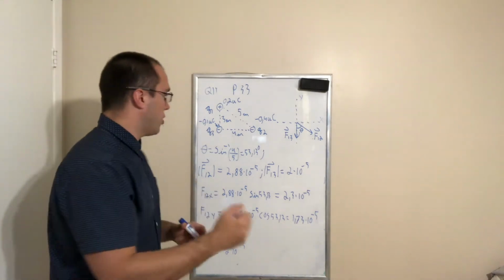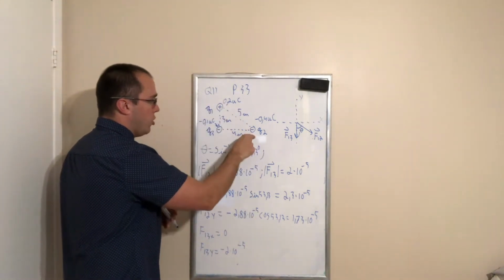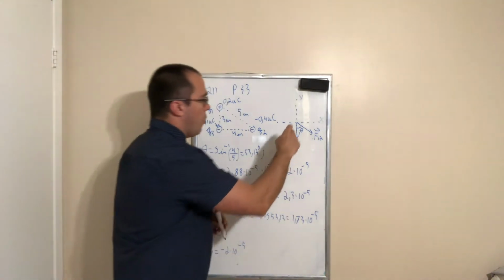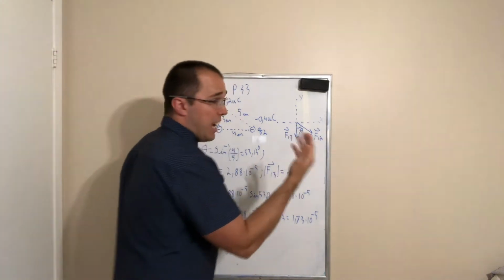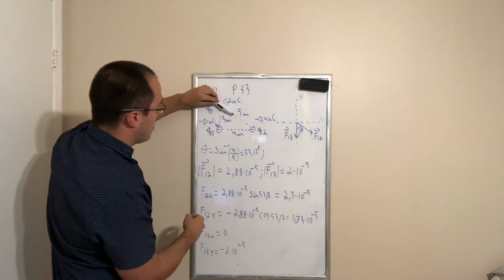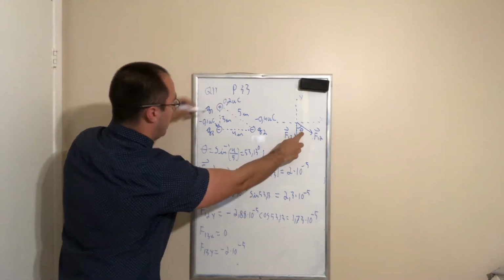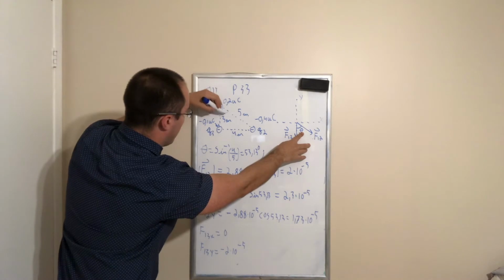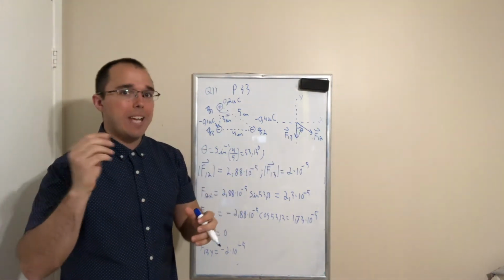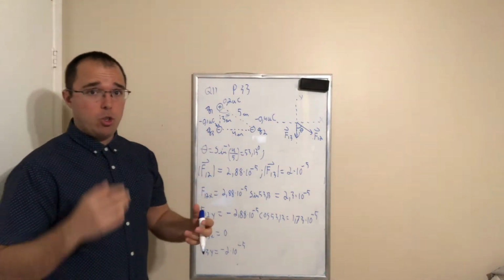Now the second force vector will be the force between Q1 and Q2. You can see that this one has an angle, and we will need to find that angle. So we draw the force vector over here, and again, it's a positive and negative charge, so they attract each other. So the force will be pointing in that direction. The angle is this angle over here. We are going to need to find it to break the 2D vector into the x and y components.